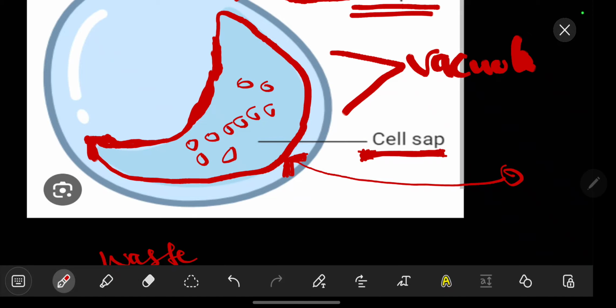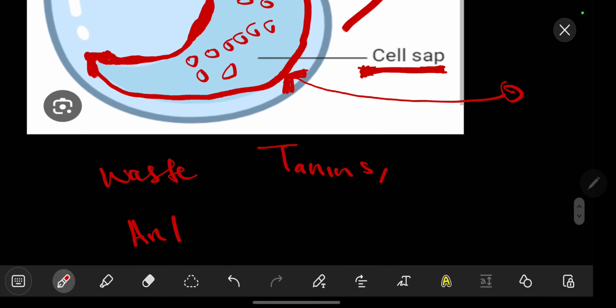That is very, very important. The vacuole will have certain waste products such as tannins, which are later excreted. We might also have things such as what we are going to call anthocyanins. So the vacuole is able to store these.